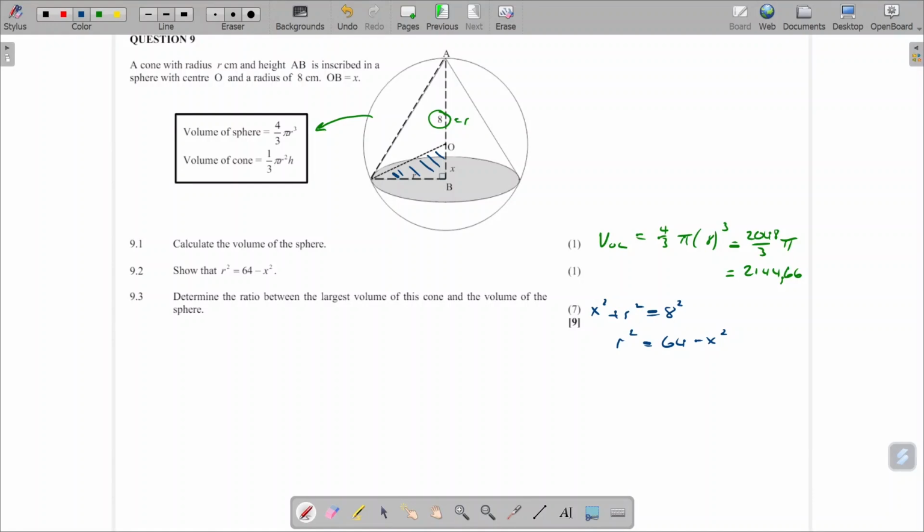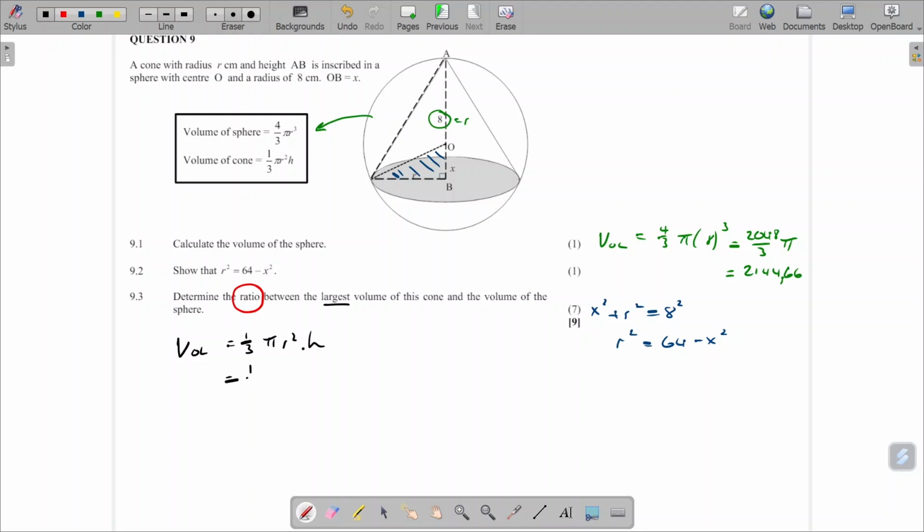Determine the ratio of the largest volume of this cone and the volume of the sphere. We just need to be careful because this is a slightly unusual question. They're asking us to find a ratio. We'll keep track of that for the end. You're being asked to find the largest volume of this cone. So let's have a look at the volume of this cone. The volume of this cone is equal to 1/3 pi r squared times the height.